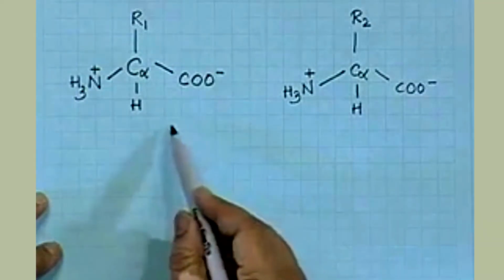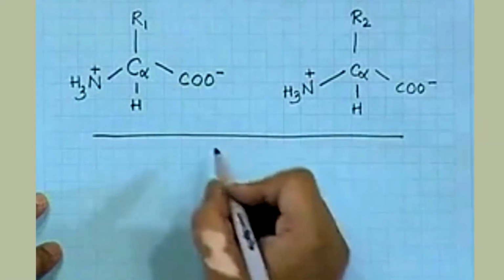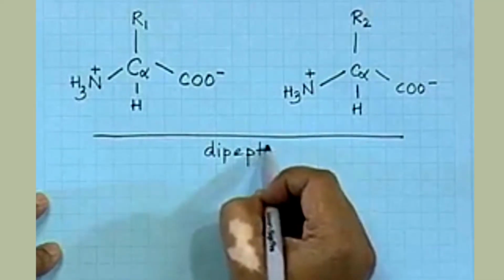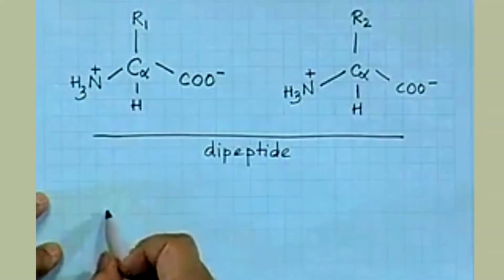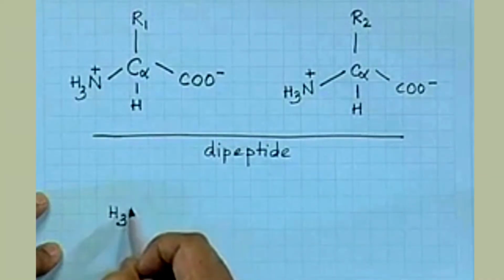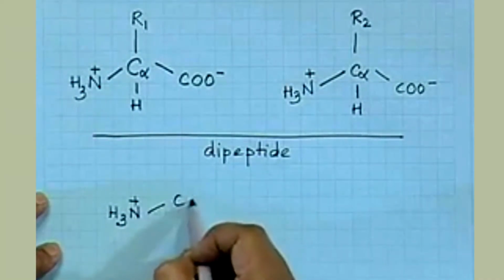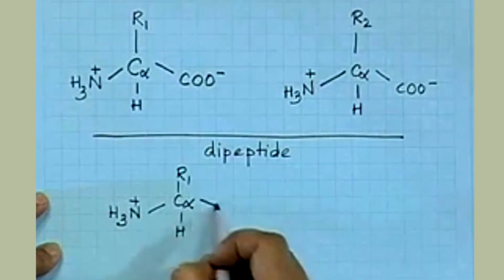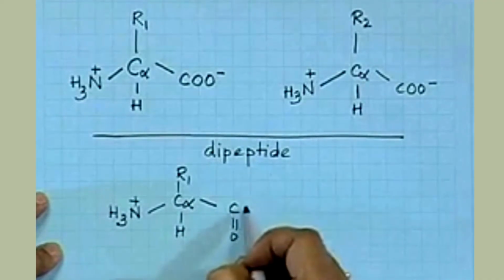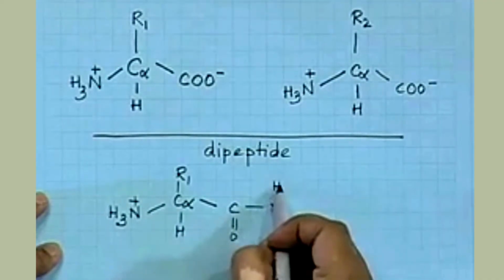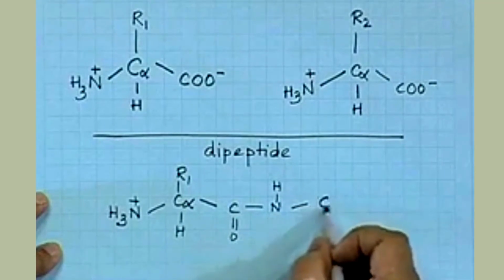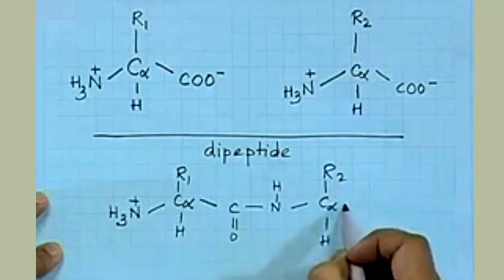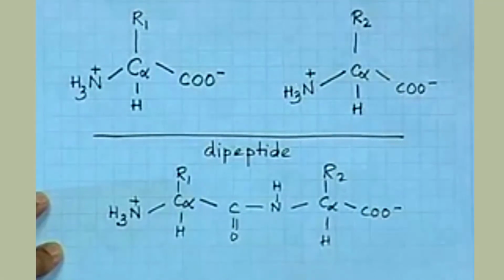So, now when we combine these two amino acids to form what is called a dipeptide, we would have linked these via a peptide bond, and we would have a C double bond O, the NH coming from the second amino acid, the C alpha, the R2, the H, and the COO minus.